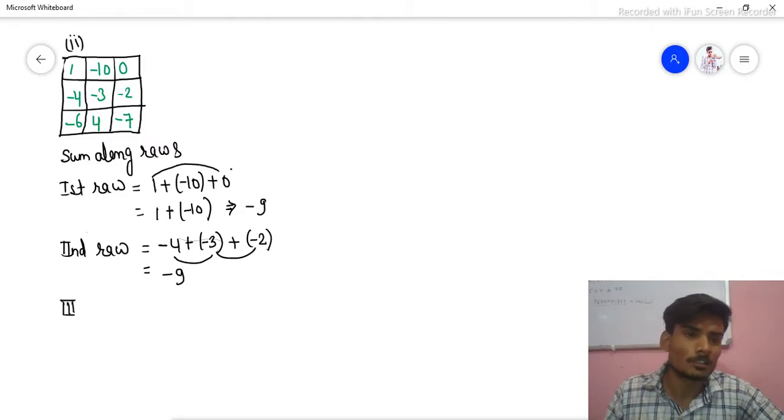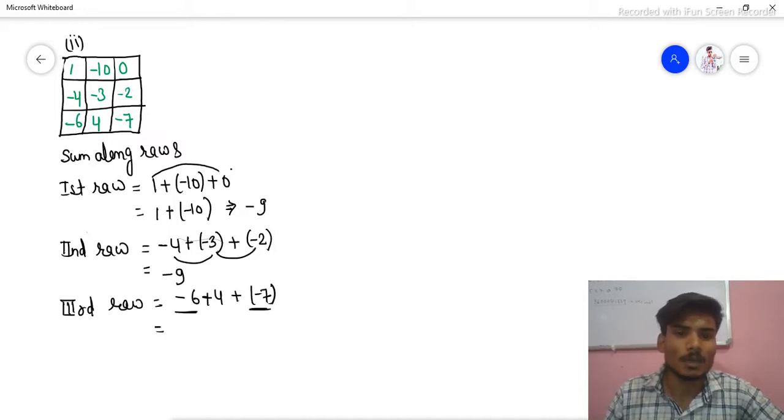Then the sum along the third row: minus 6 plus 4 plus minus 7. Minus 6 and minus 7 will be minus 13, plus 4. Overall the negative value is greater than the positive, greater by 9. So the answer is minus 9.